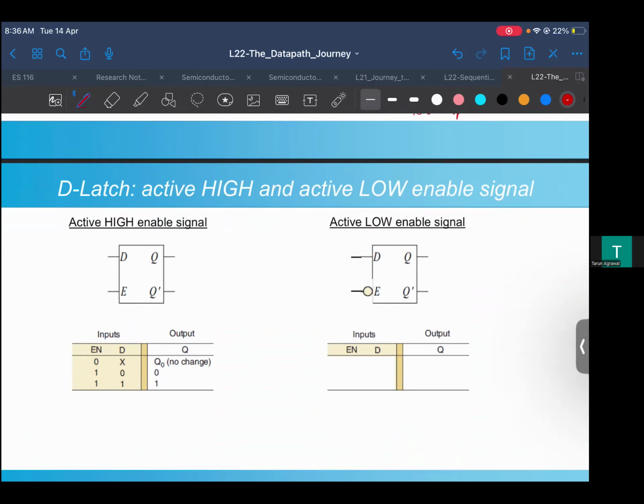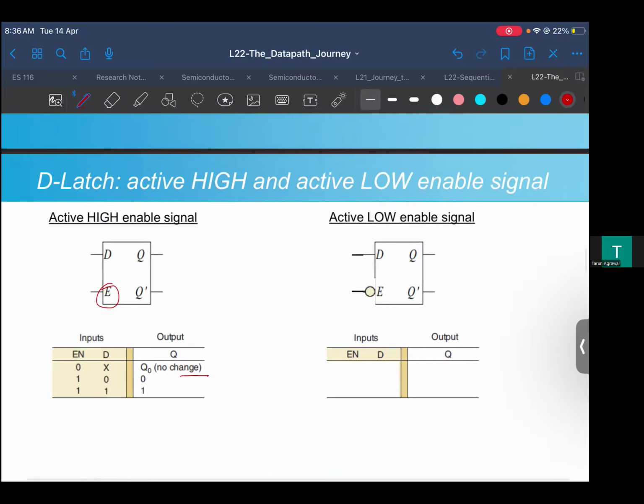One is the active high enable, where when enable is 0 there is no change happening. In the active low, there is a bar on the enable, which means an inverter is connected to the same enable. That is the meaning of the bar.